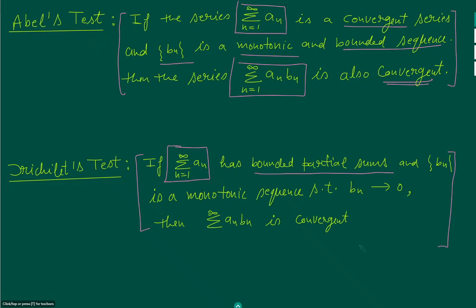And we have made the second condition stronger. In Abel's test, we were requiring the sequence bn to be a monotonic and bounded sequence. In the Dirichlet test, we are saying that bn must be a monotonic sequence, but it must converge to 0. Then the result is the same, that the series summation an bn is convergent. So this is the difference between Abel's test and Dirichlet test.